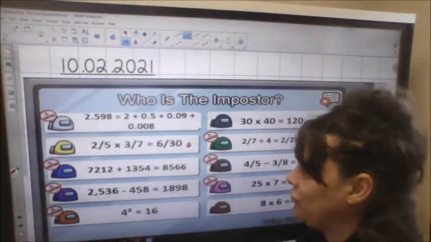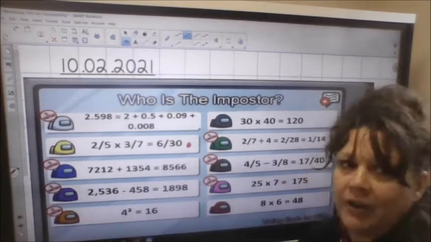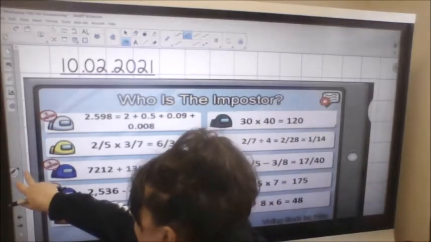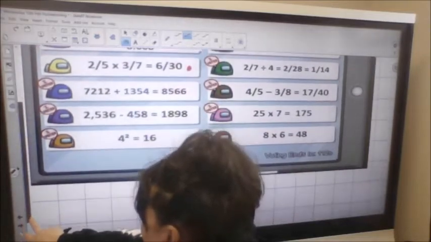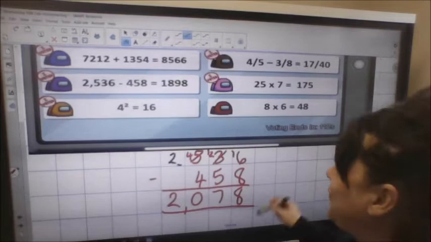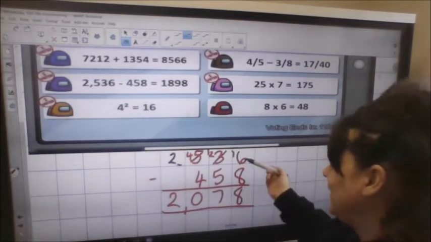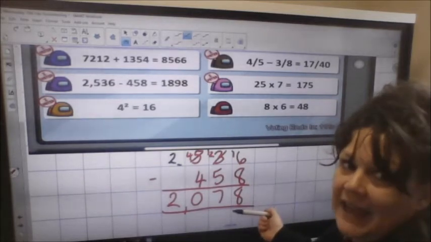If I add those two numbers together, I do end up with 8,566. But if I do the subtraction sum, okay, and here I've got it on the board, so I'll show you. 6 take away 8 I can't do. 16 take away 8 because I've knocked next door, I can, it's 8.